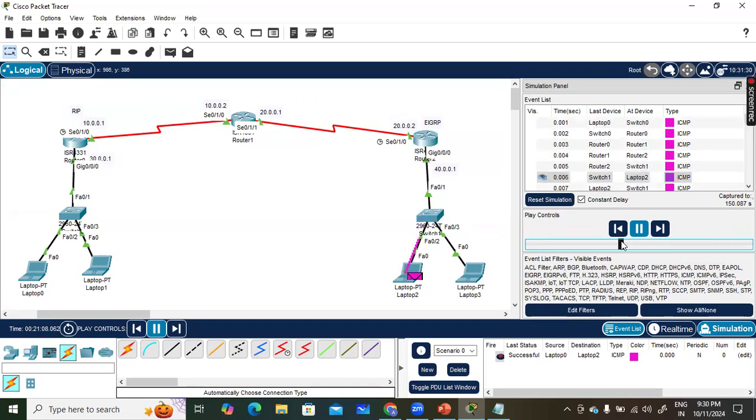I'll increase the speed, don't worry. Okay, the packet has been traced and reached the end.